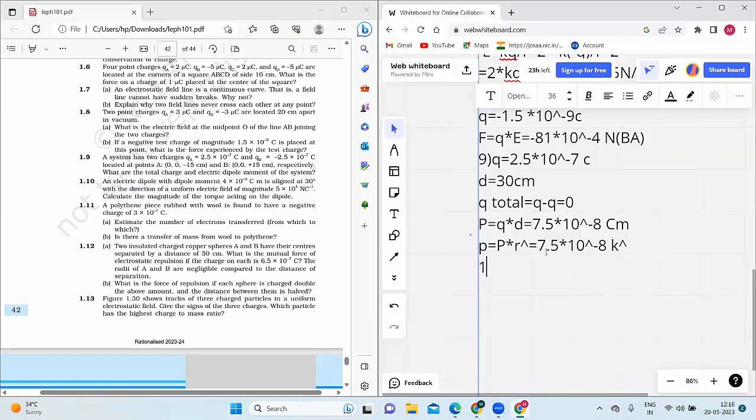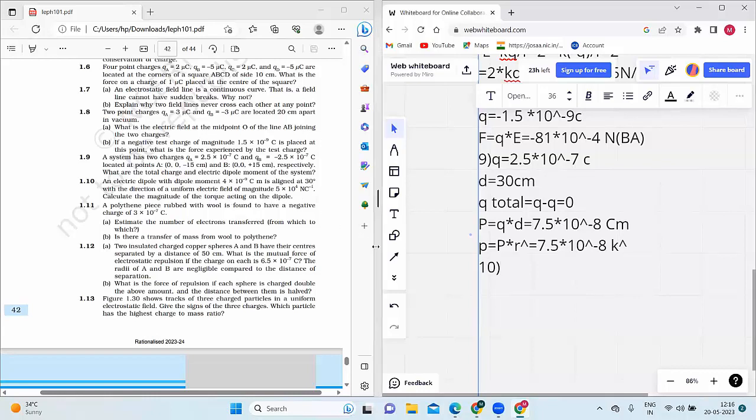Now we are going to our next question. An electric dipole with a dipole moment of 4 into 10 power minus 9 coulomb meter is aligned at 30 degrees with the direction of a uniform electric field of magnitude 5 into 10 power 4 Newton per coulomb. Calculate the magnitude of the torque acting on the dipole.